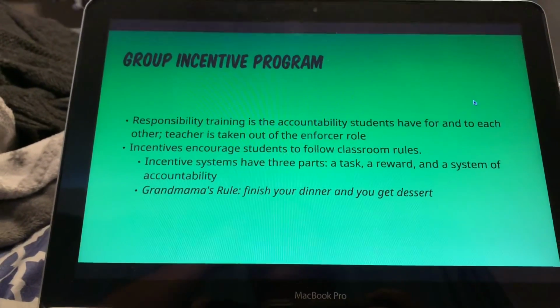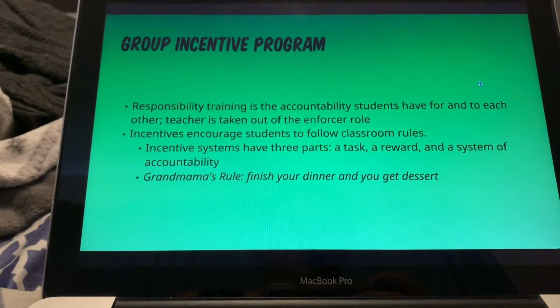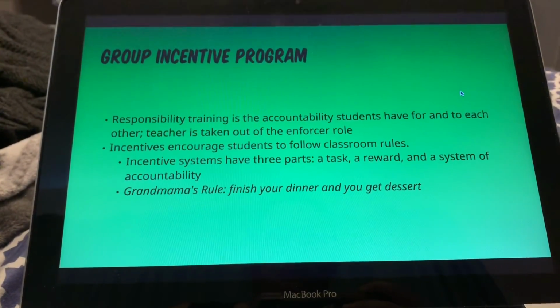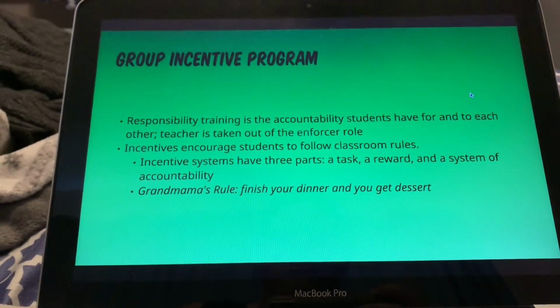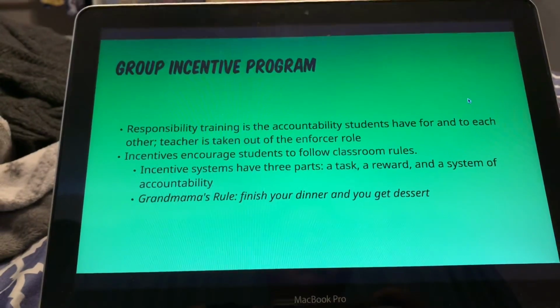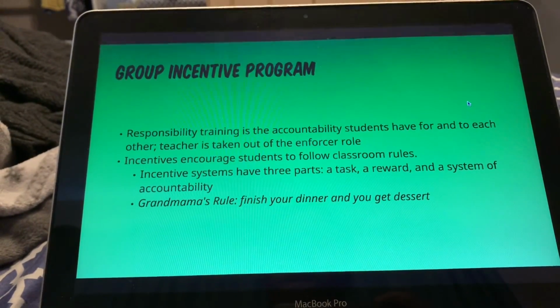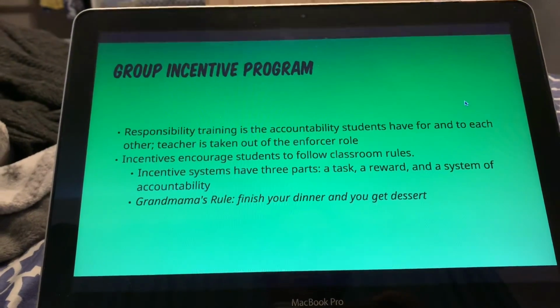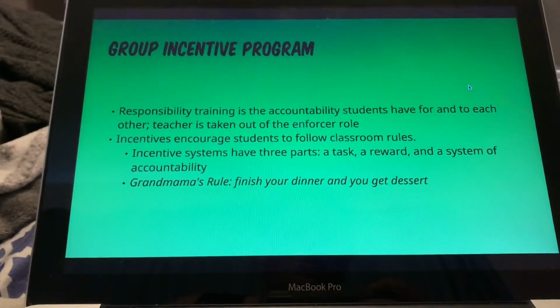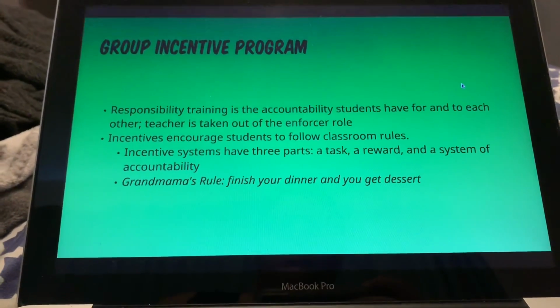And so incentives encourage students to follow classroom rules, and every incentive system should have 3 parts: a task that you want completed, a reward that they get if completed, and a system of accountability. And so it talks about grandmama's rule, where your grandmother might say, finish your dinner and then you get dessert.